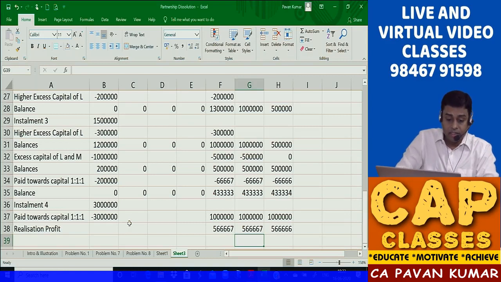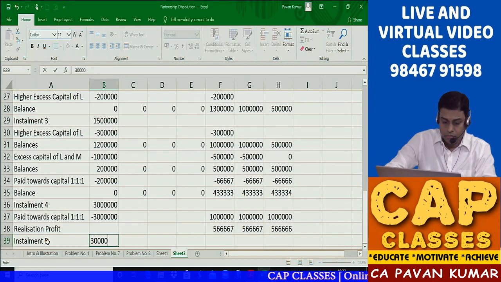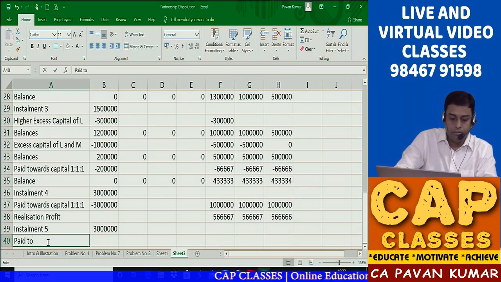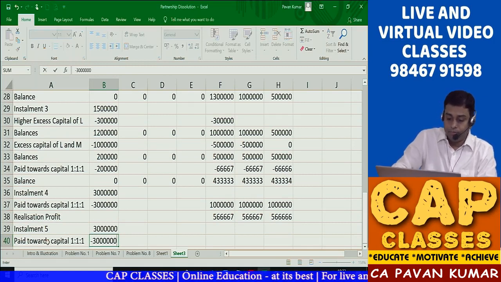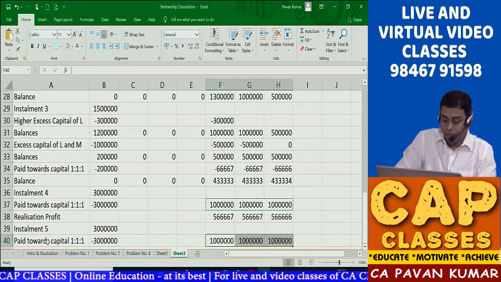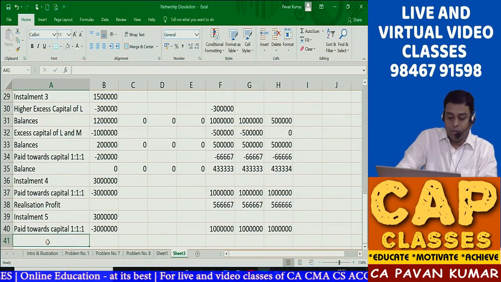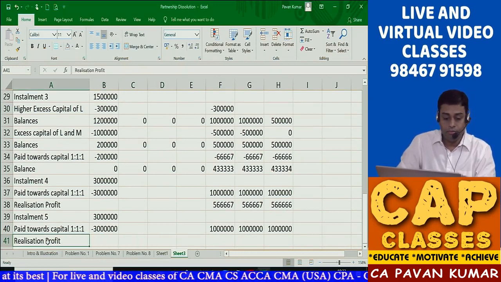Installment 5, 30 lakhs. Paid towards capital, same. So how much will you pay? 10 lakhs, 10 lakhs, 10 lakhs you will pay. Again realization profit. So here balance will become 0.